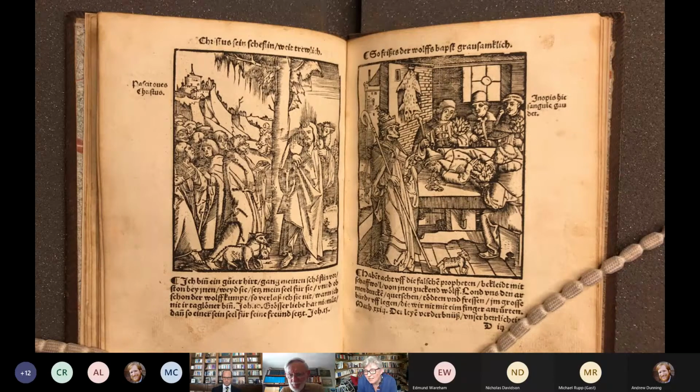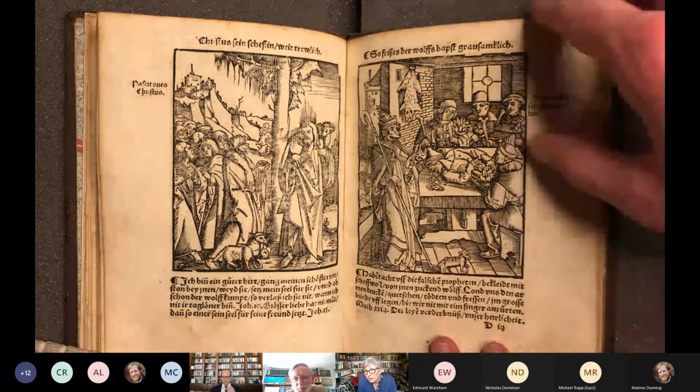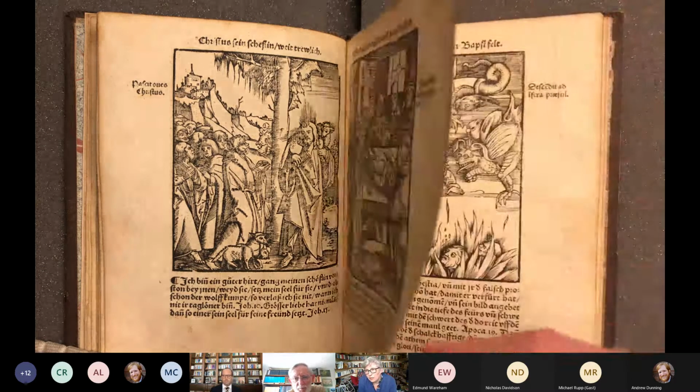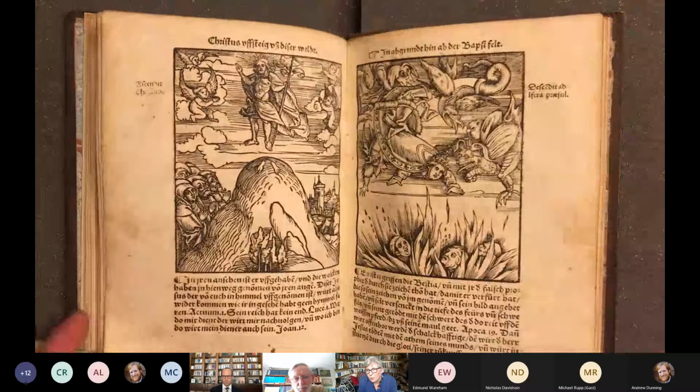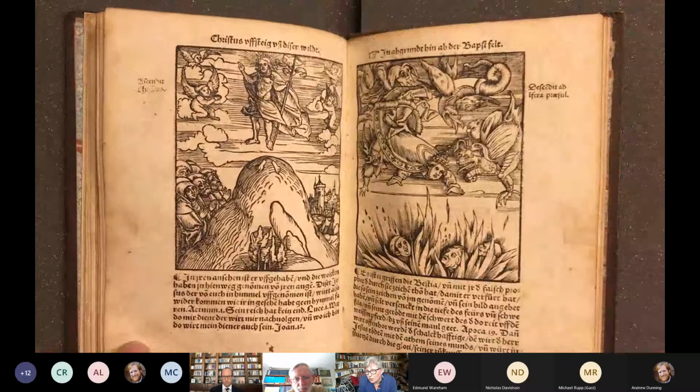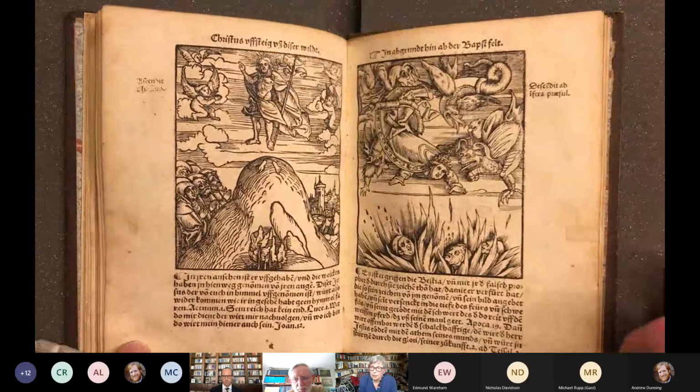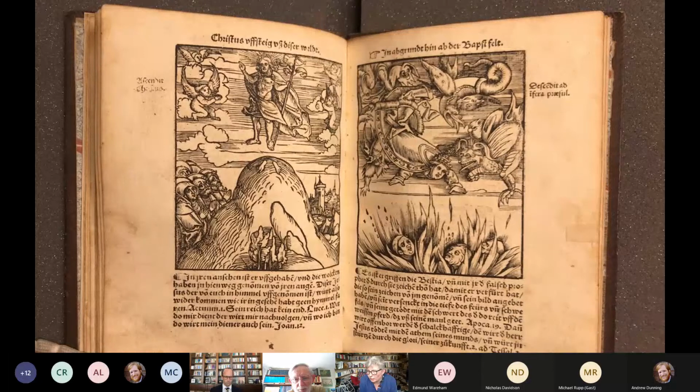In any case, it's a very clear ramped up anti-papal polemic, if you can ramp up from the original Passional Christi und Antichristi. If you turn over one further page, please. So now we have a repetition of what was the original final copy.